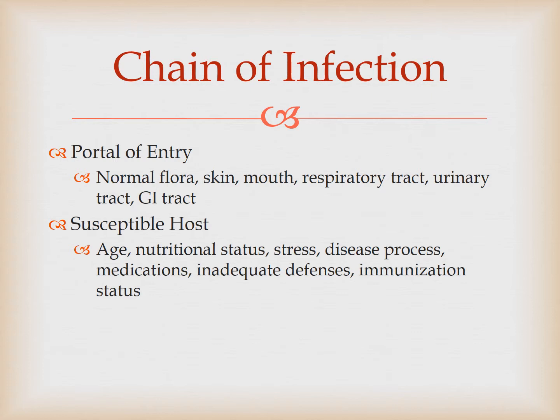The skin serves as a physical barrier, but also provides a chemically unsuitable environment to support microbial growth, such as pH and sweat. The mouth provides a mechanical barrier to microorganisms. Saliva contains microbial inhibitors. In the respiratory tract, the ciliary action traps microbes and sweeps them upward to be expectorated out of the body.